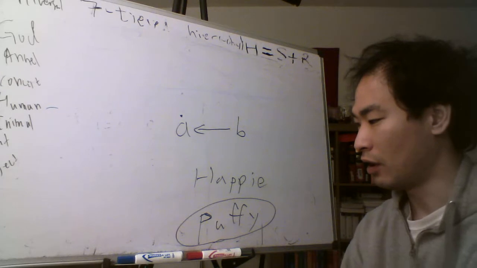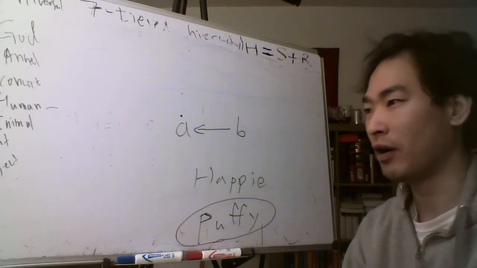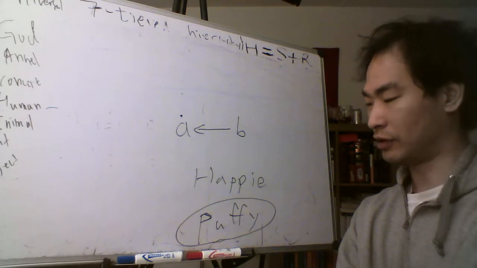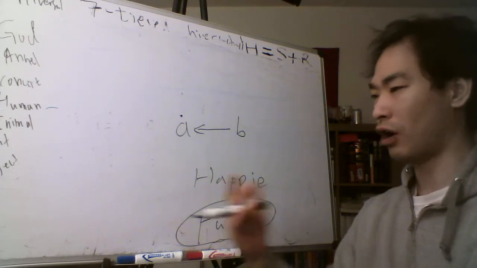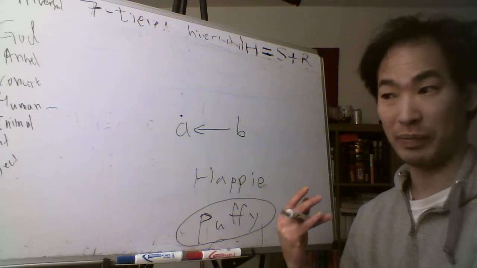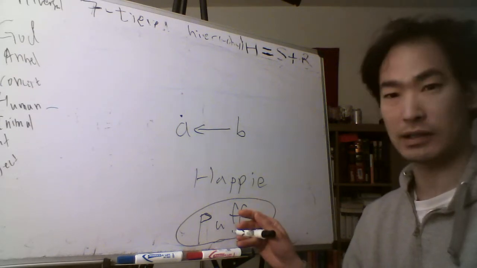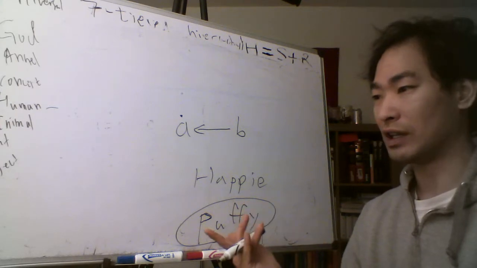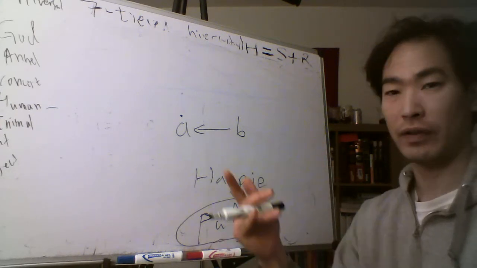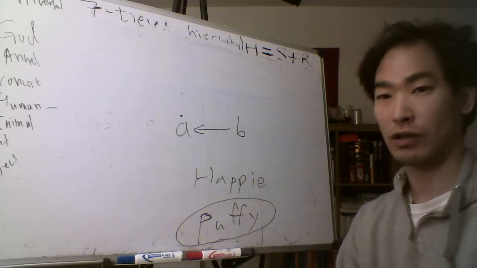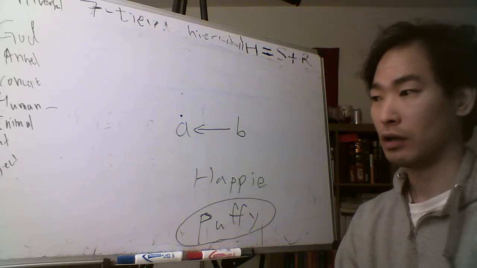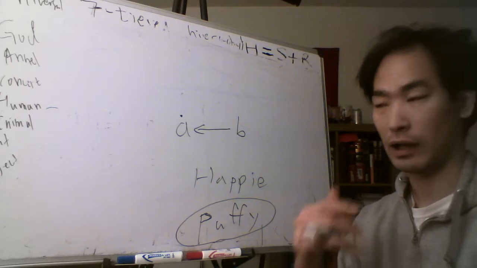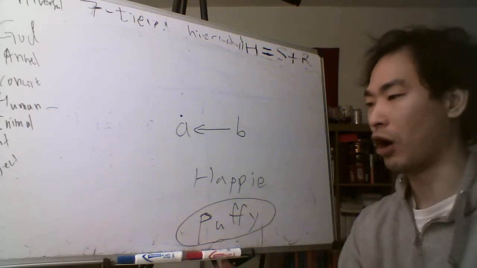So, when I call, hey, Puffy, Puffy, does the dog come to me because it knows its name? Or does the dog interpret this sound Puffy as a language or vocabulary to come to me, like, for example, come here?